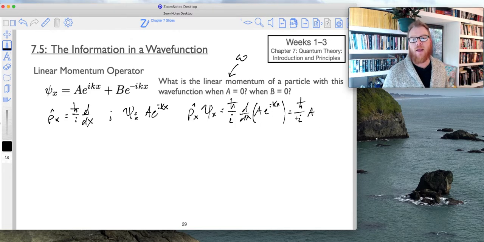Then d/dx of e^(ikx) is just going to be equal to k i e^(ikx), because those are the constants.